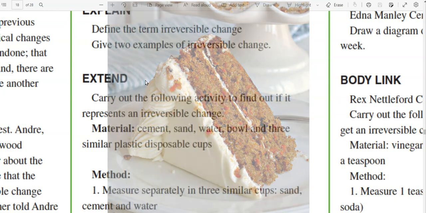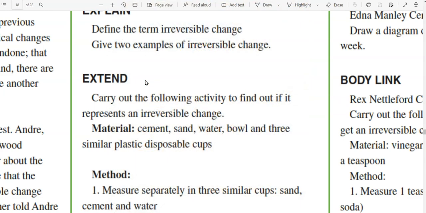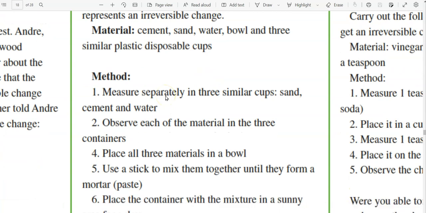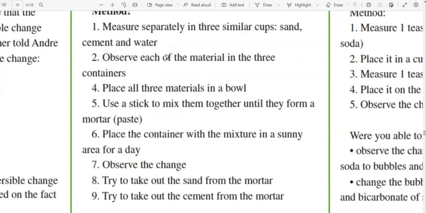Extend. Carry out the following activity to find out if it represents an irreversible change. Now, these are the materials that we can use: cement, sand, water, a bowl, and 3 similar plastic disposable cups. Here's the method. That's how we're going to do it. 1.